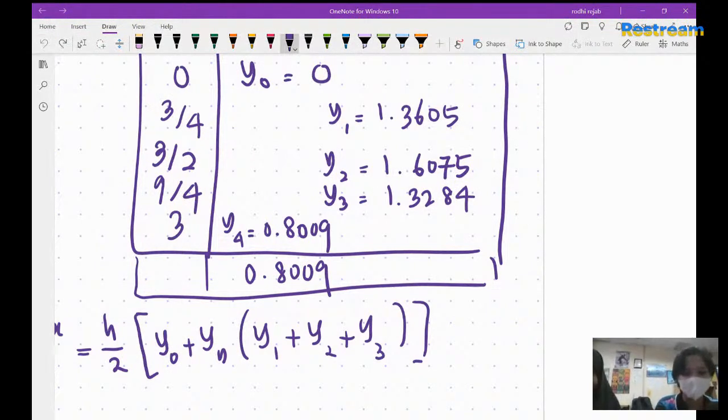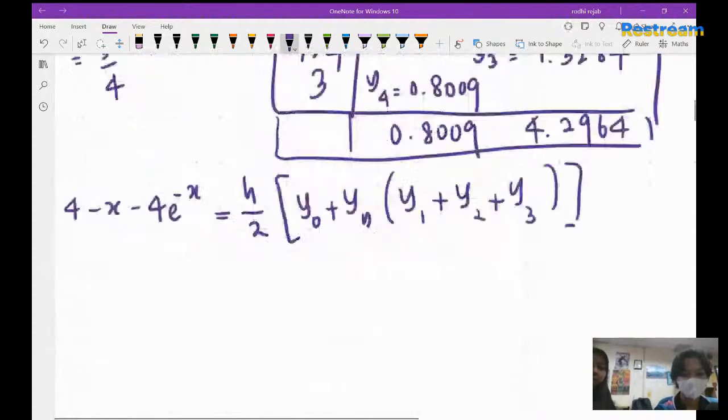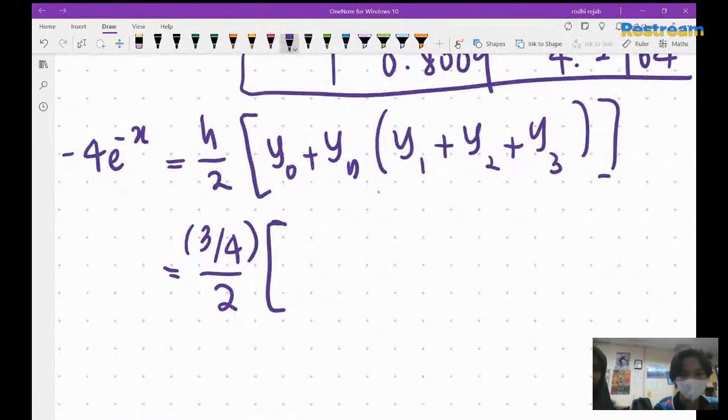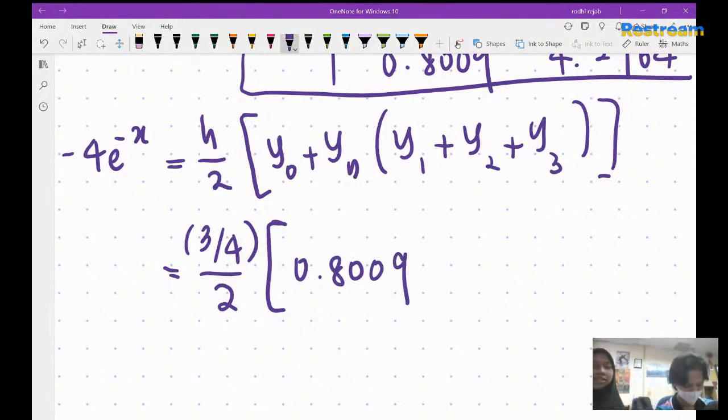Sorry, I'm quite new at this. So we just total everything up, it would be 4.2964. And then just calculate. H earlier was 3 over 4, divided by 2, times 0.8009.